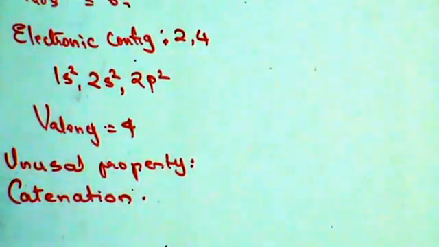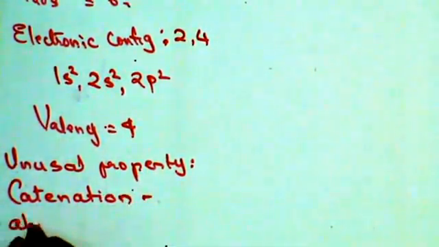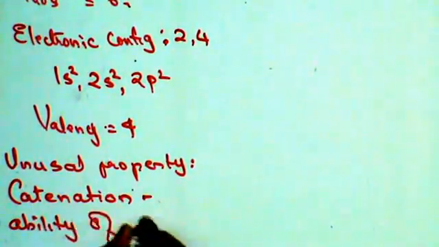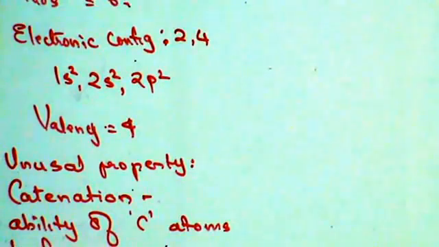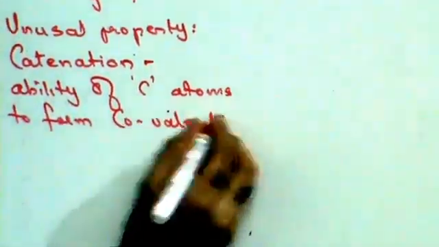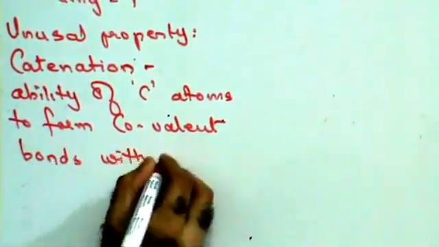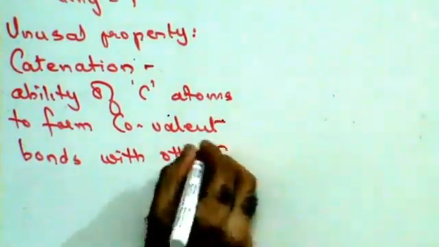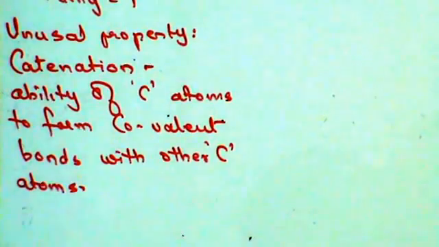Catenation is the ability of carbon atoms to form covalent bonds with other carbon atoms. And it is because of this property that you have long chains and rings, right?